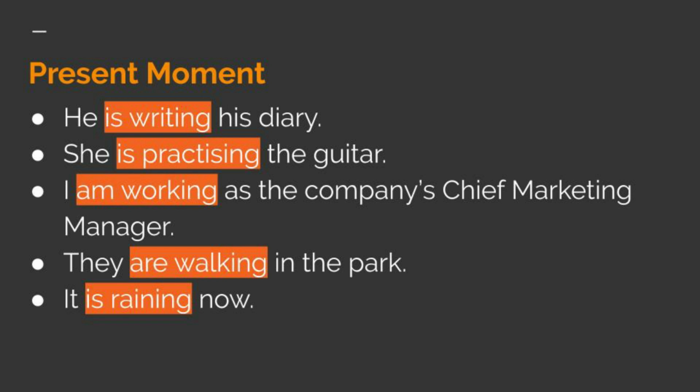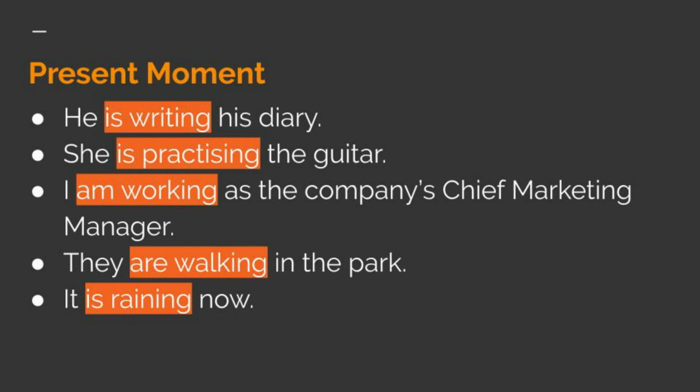Now here, if you can check, the pronouns he, she, and it take is. So in present continuous, these pronouns are followed by is along with the ing form of the verb, and I, as usual, is followed by am.